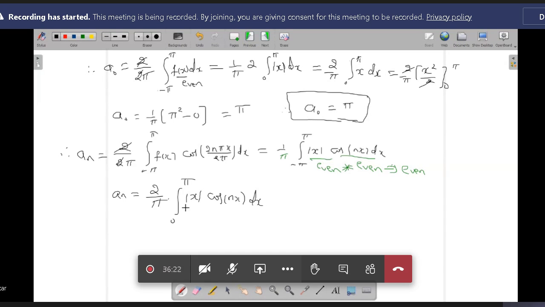So the value of mod x in the interval 0 to pi is x. So that becomes 2 divided by pi, integration from 0 to pi, x into cos nx into dx.